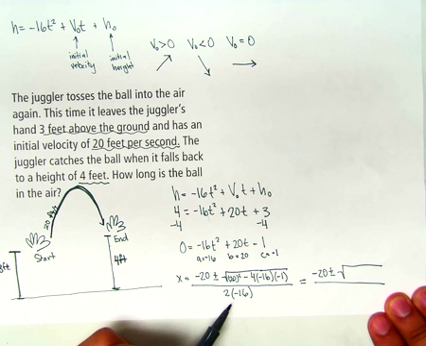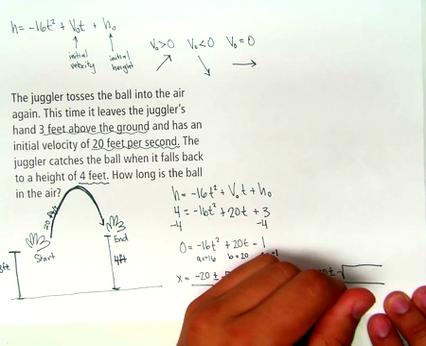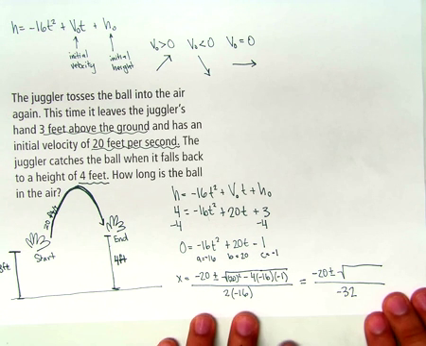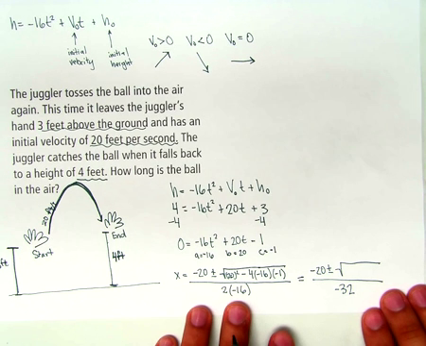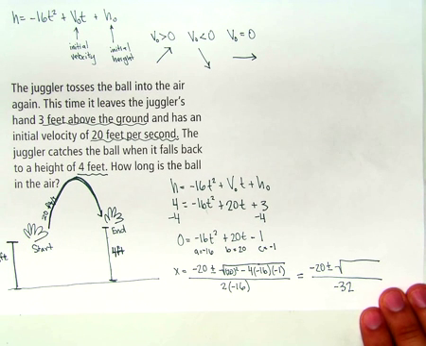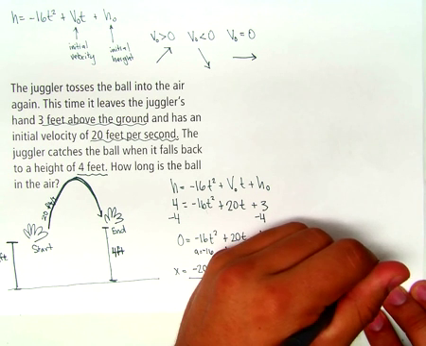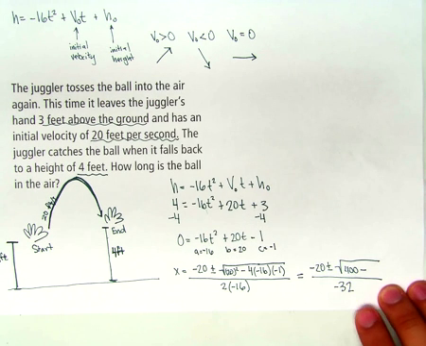What's 2 times negative 16? Negative 32. So, what's 20 squared? 400. So, what's 4 times negative 16 times negative 1? 64.